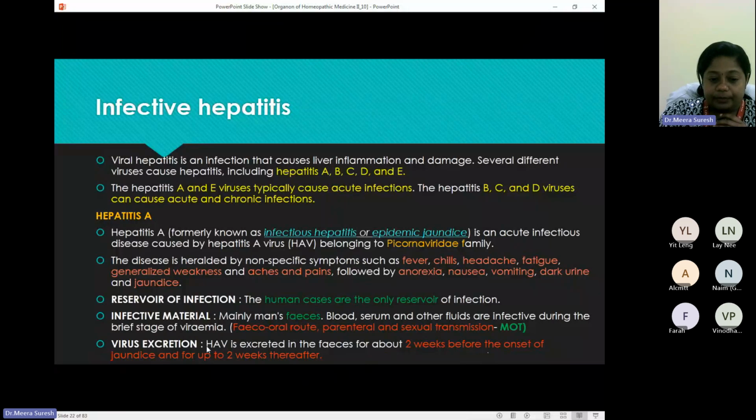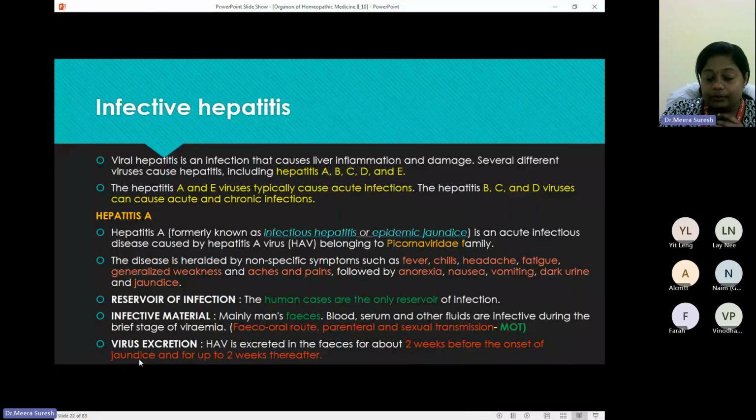Virus excretion: in hepatitis A, the fecal-oral route is most commonly seen. Nevertheless, parenteral and sexual transmission are also reasons. HAV is excreted in the feces for about 2 weeks before the onset of jaundice and for up to 2 weeks thereafter.